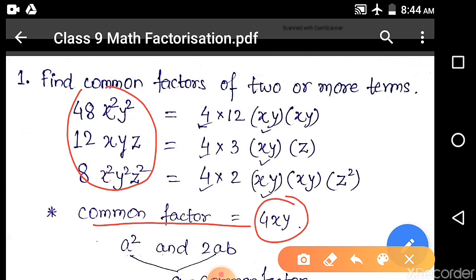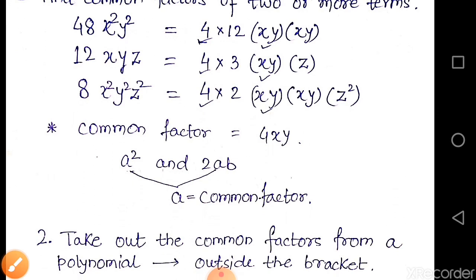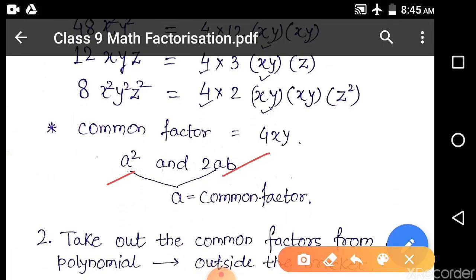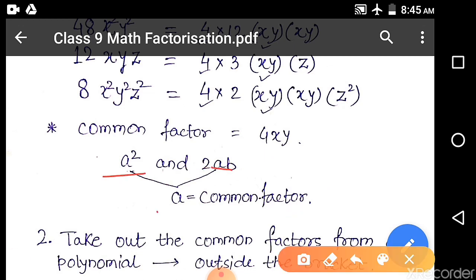This is the explanation for the first step, which is quite easy. We have one more example here: a square and 2ab. From a square we can take a, and from 2ab we can take a as a common factor. So for those two terms, a square and 2ab, we have the common factor a.